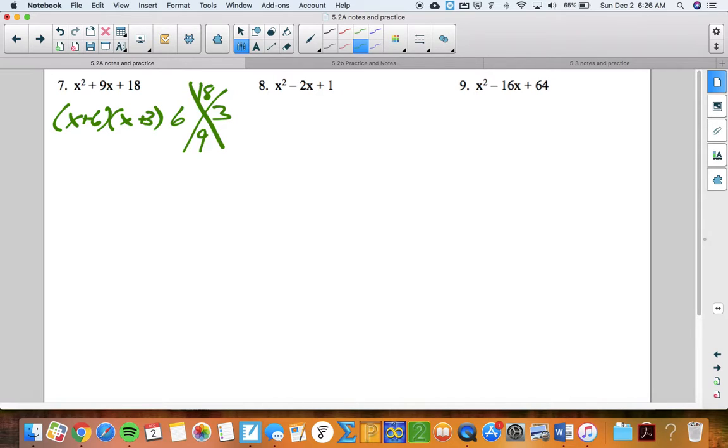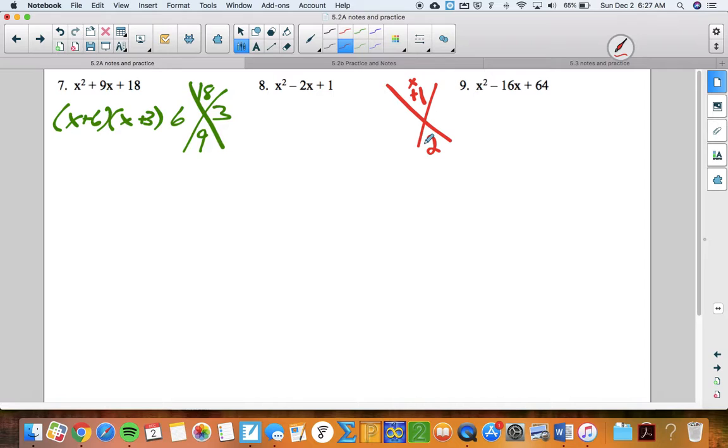All right, next one. Holy cow, these numbers look funny. Is that going to work out? I'm sure it will. We can do it. Numbers that multiply to -1 and add to 2. Well, you know what? I copied that down wrong, didn't I?